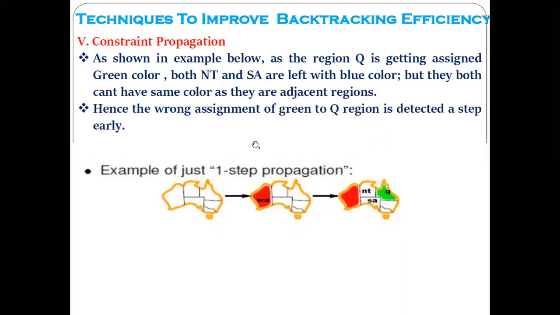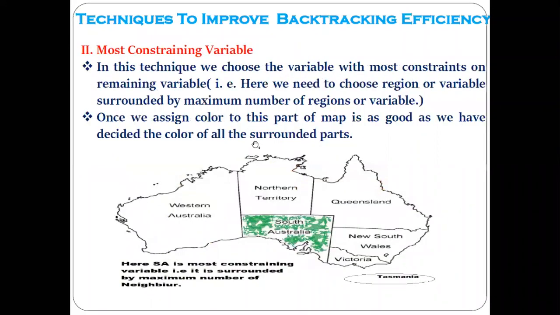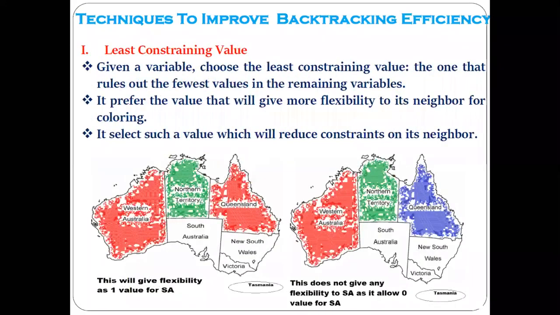What are we doing in the first? In the least constraining value, we are choosing the value which will give more flexibility to its neighbors. That is the first technique.